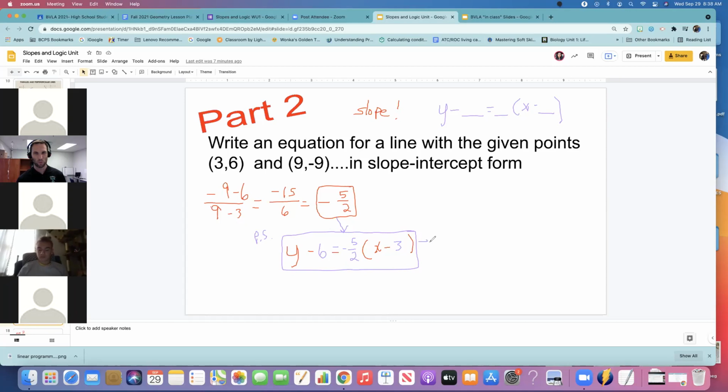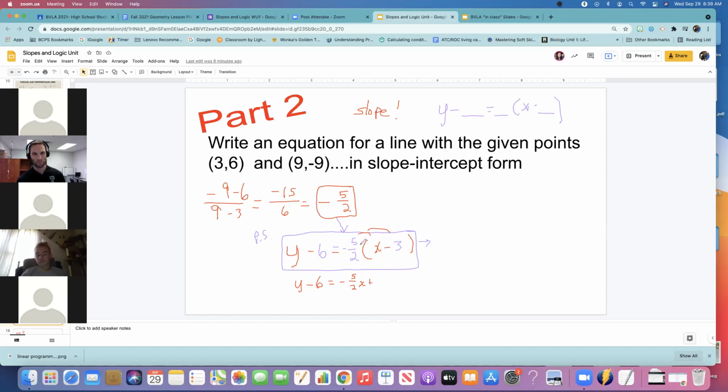Let's go to slope intercept form. Okay, how do we do this? Well, we can distribute this. So y minus 6 equals -5/2x. That's easy. The first one's always easy. It's just the same thing. And then the second one, you have to remember your multiplication a little bit, or you have to use a calculator.